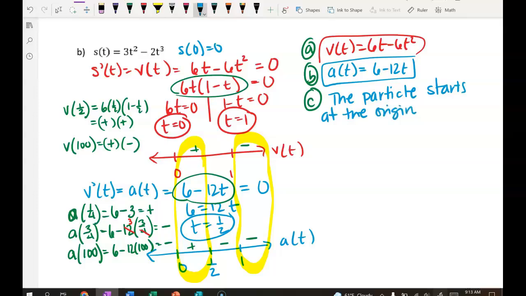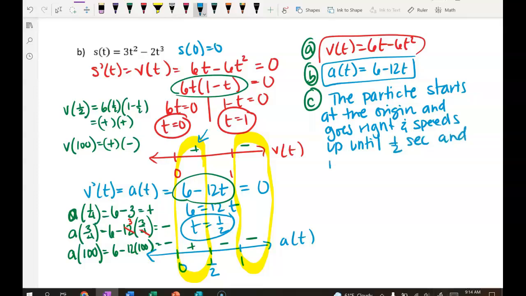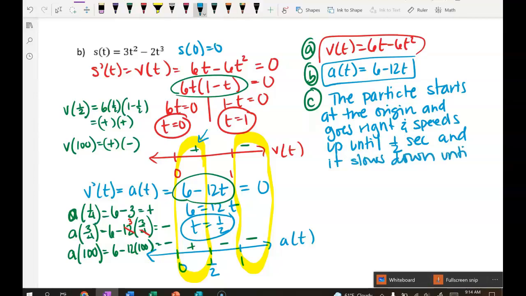It starts at the origin, and then the first thing you see here is positive velocity and it goes right. As you can see, it goes right, but it also speeds up until half a second, and then it slows down until 1 second.